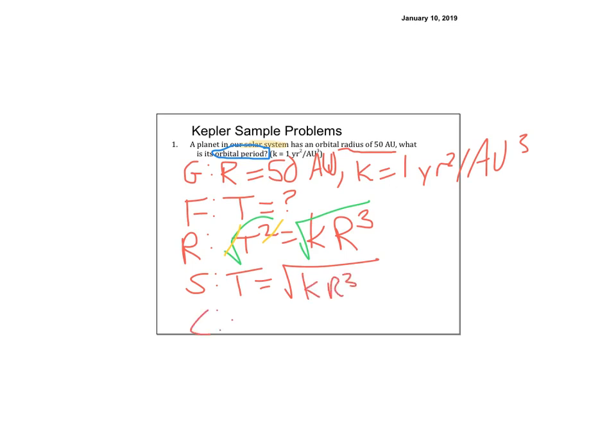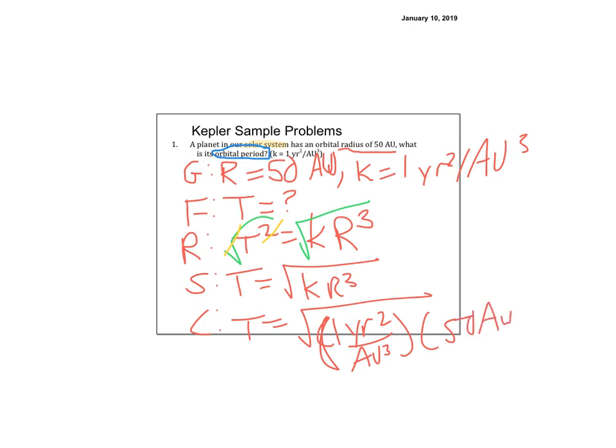So then when we calculate it, T is equal to the square root of 1 year squared over AU cubed, that's a whole parentheses, times 50 AU cubed. So check units to make sure everything matches and you didn't mess anything up. You can see the AU cubed cancels out with the AU cubed, and the square is going to cancel out with the square there.